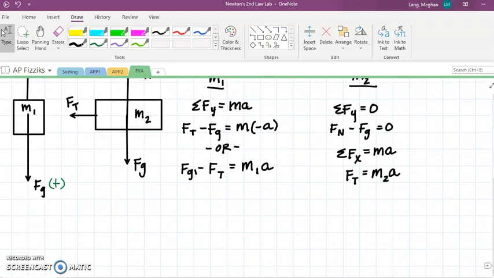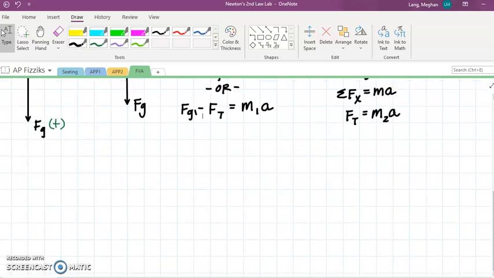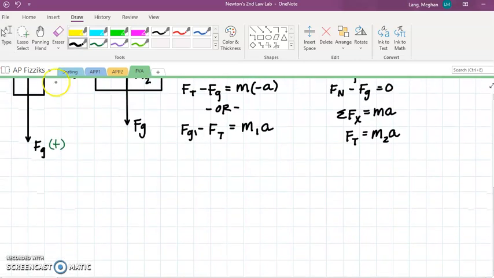So now I'm going to take the two equations I have here, this FG1 minus FT is equal to M1A, and then FT is equal to M2A, and I'm going to combine them together.